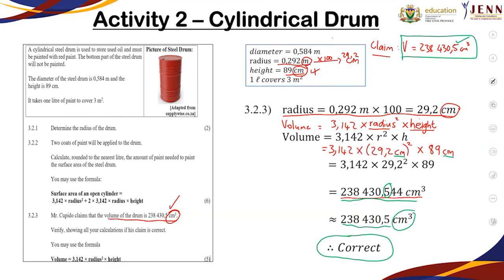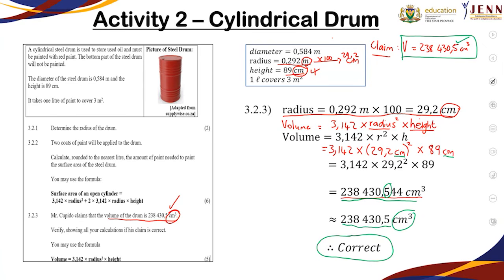Then the second one is you need to know the definitions of your concepts like we spoke about. You need to know how to define length, perimeter, area, volume. And sometimes they say you must define it according to the context.